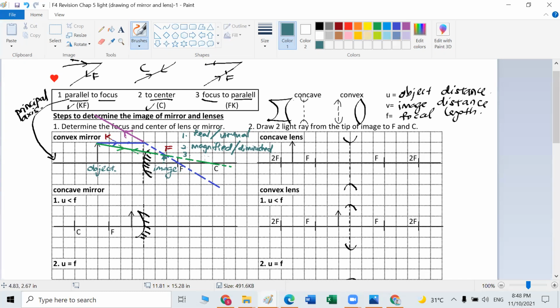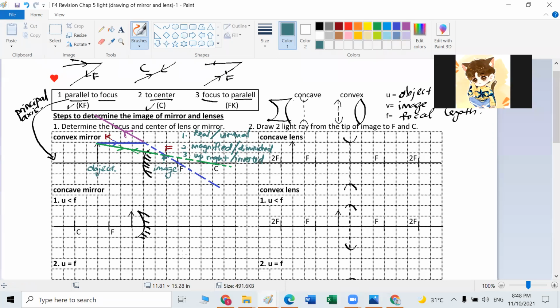Number 3 is upright or inverted. Upright or inverted. Very good. Anything not sure, directly ask.